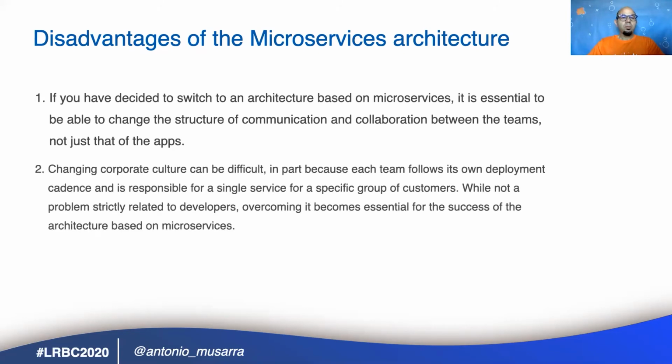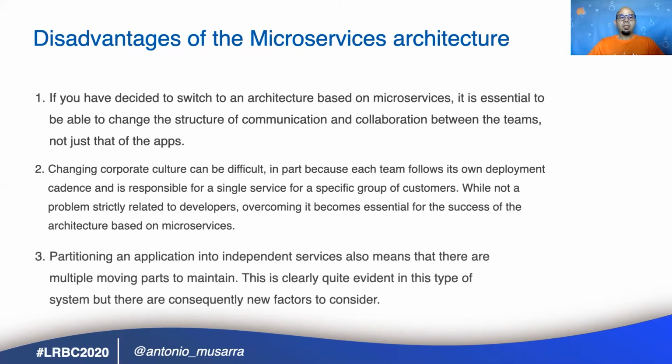Changing corporate culture can be difficult, in part because each team follows its own deployment cadence and is responsible for a single service for a specific group of customers. While not a problem strictly related to developers, overcoming it becomes essential for the success of the architecture based on microservices.